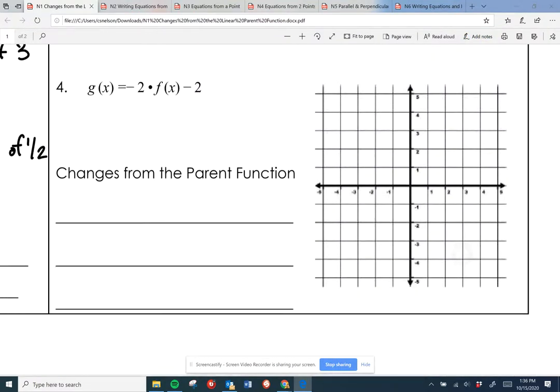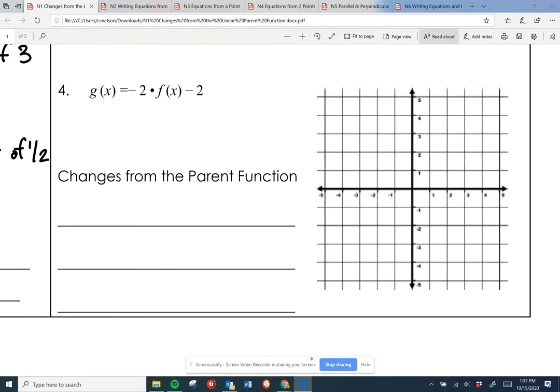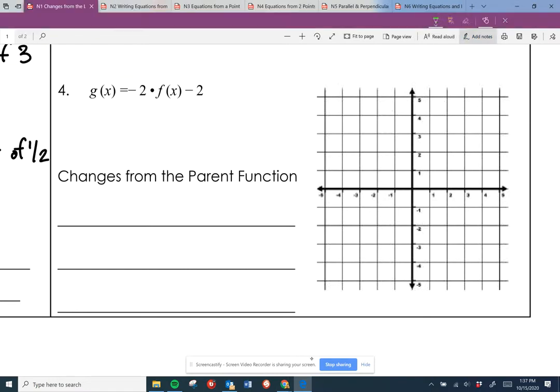Okay, here we have quite a few changes. So we're going to go ahead and get our parent function here onto the graph. Starting at 0, 0, we have a slope of 1. And then we have our changes, okay?